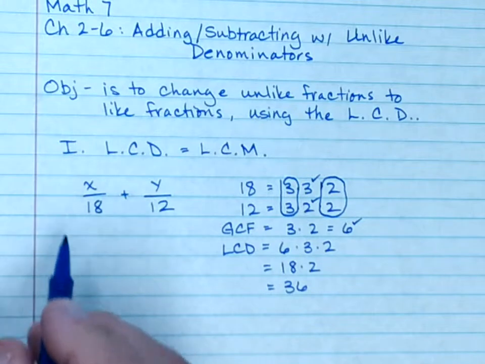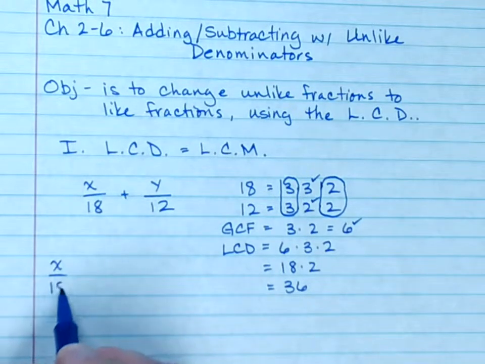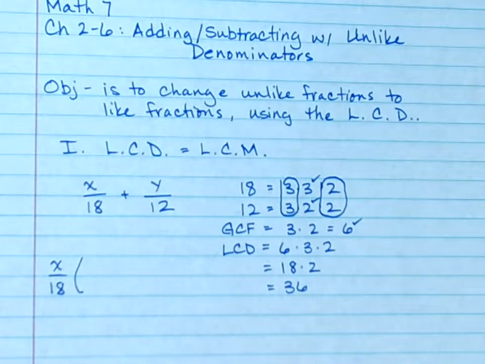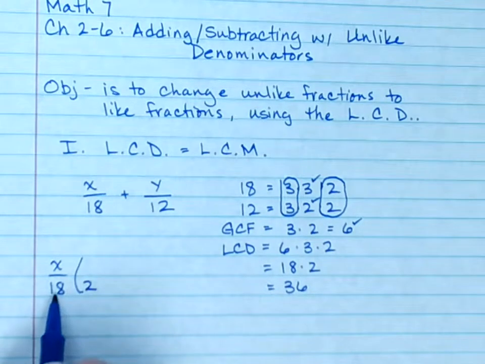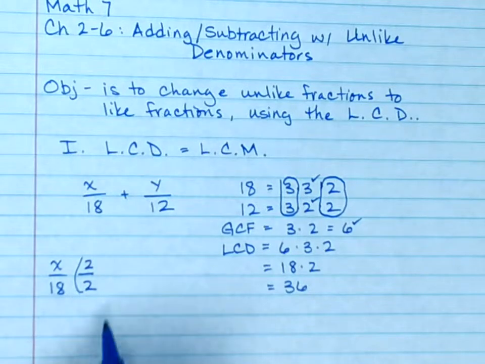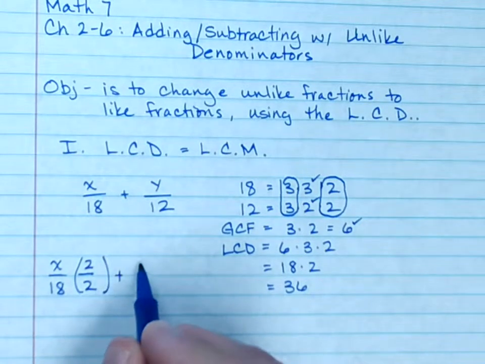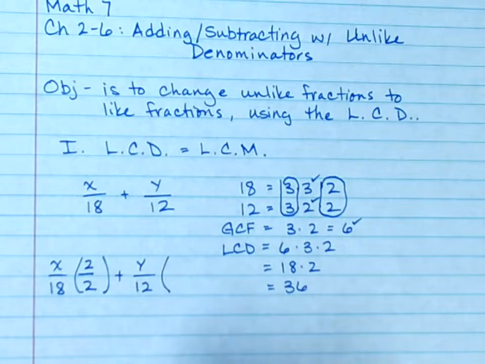So what we would do is we take this fraction. I left the numerator blank on purpose. So what factor do we multiply with 18 to get 36? Well, that would be 2. But if we're going to multiply the denominator 2 times, that means we need to multiply the numerator 2 times. Now we're going to do the same thing with y over 12, except 12 is going to have a different factor. What would you multiply with 12 to get 36?